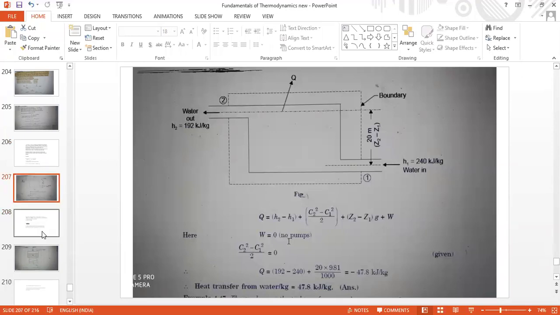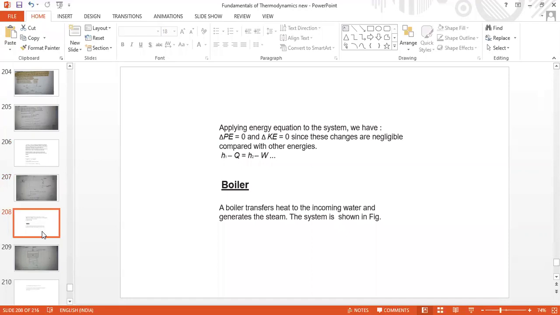A heat exchanger, first I will define a heat exchanger. It is a device where the exchange of heat takes place between two fluids, usually from hot fluid to cold fluid.